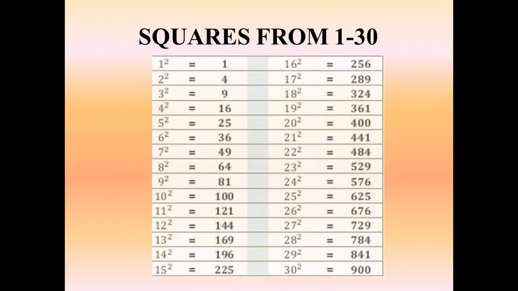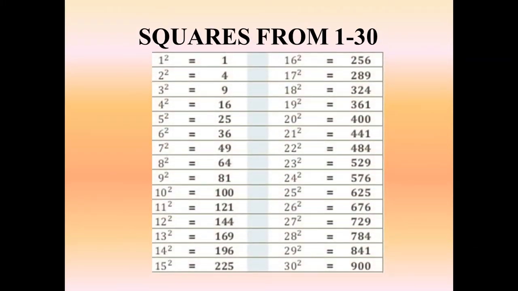For example, let's see a few squares, from 1 to 30. It is a suggestion for you all to remember these squares from 1 to 30, because it will be useful whenever you calculate the square root of numbers whose factors are prime numbers, like 3, 2, 7, 13, 11, 19, 17.